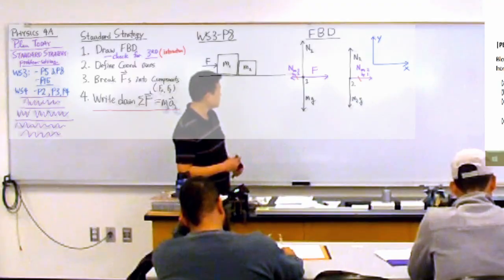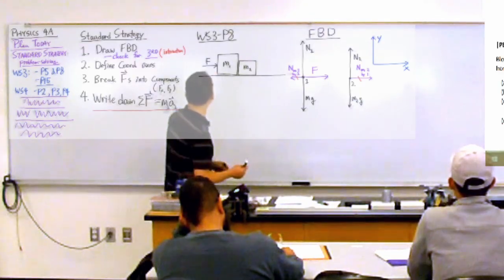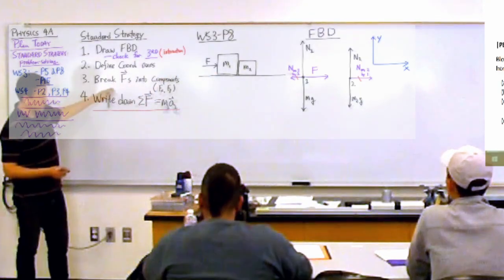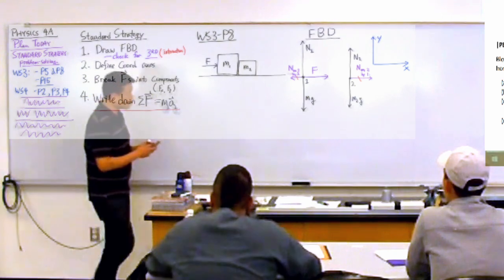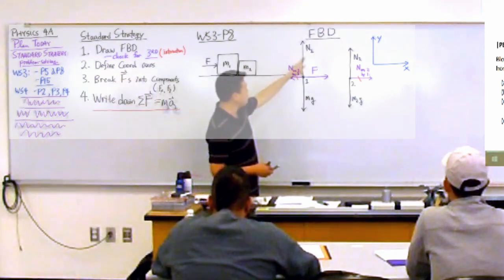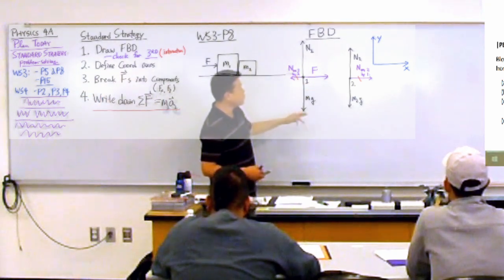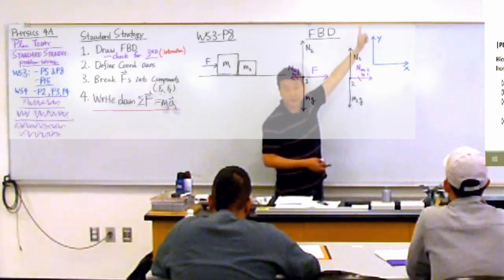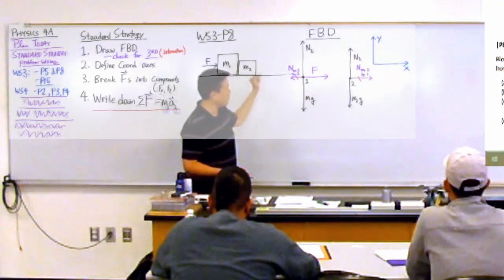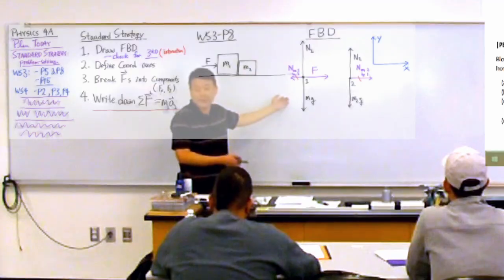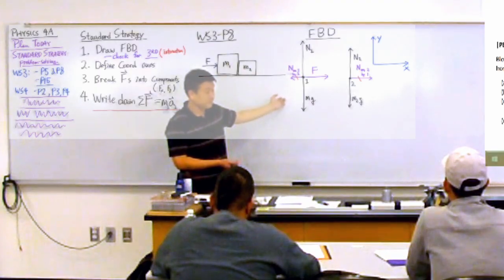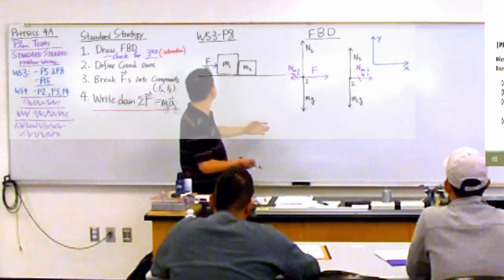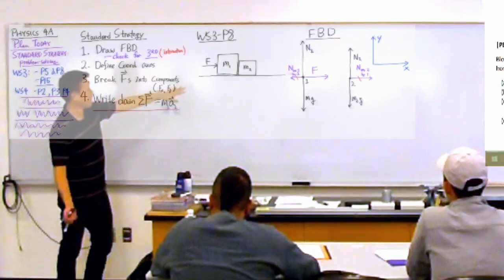All right, so step 2 is done. Step 3, breaking forces into components, means that for each of these forces, you look at which part of the force is along the x direction and which part is along the y direction. Well, they're all either x or y, so I don't really need to do anything here. Good. So this is done automatically.